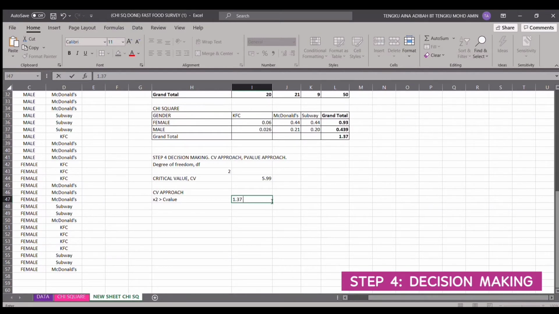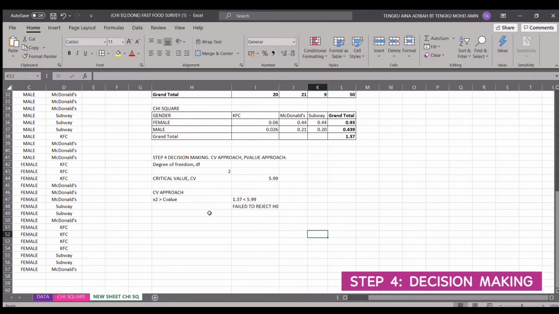It is less than the critical value that we have right now, 5.99, which actually means we fail to reject the H0 hypothesis. Fail to reject H0. So these are the results that we got based on our CV approach. This will be used for the conclusion.